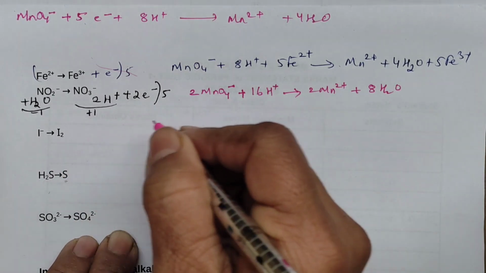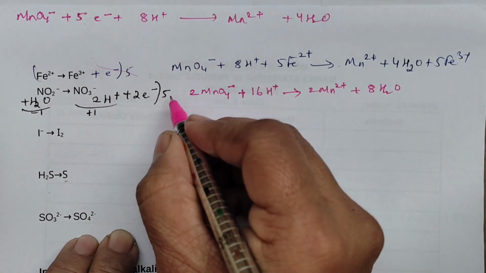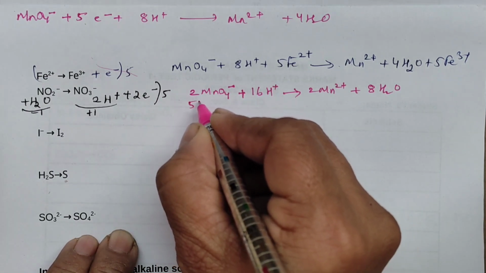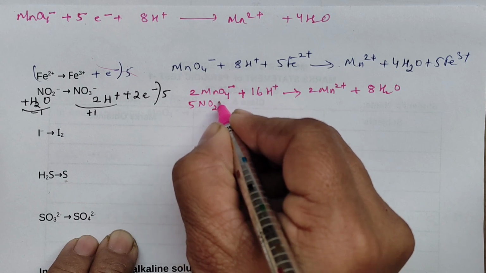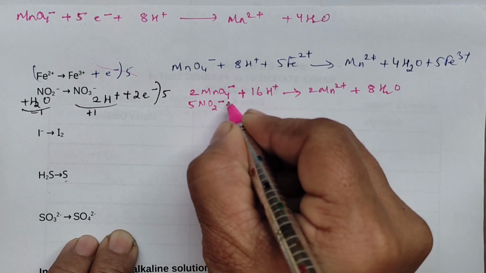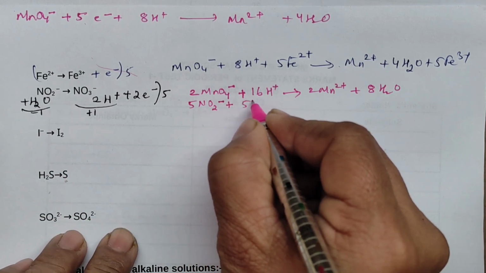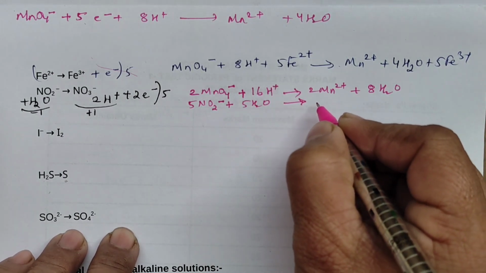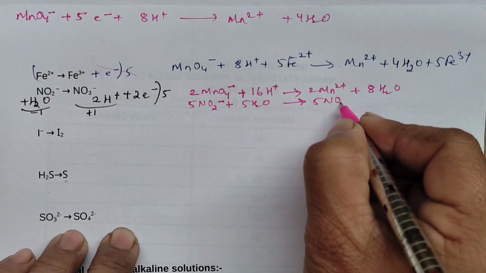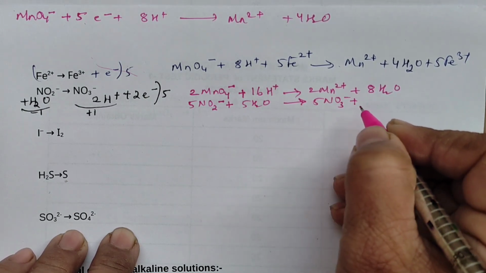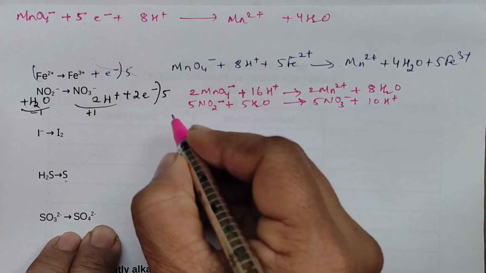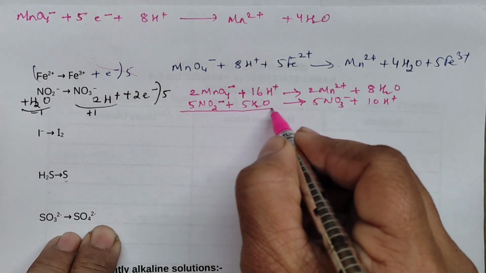I am writing this lower equation again below it, multiplying with 5. So this with 5 means it will be 5NO2 minus, plus 5 water. This will give you 5 nitrate NO3 minus, plus 10H plus. That's it, because electrons I have already cancelled.